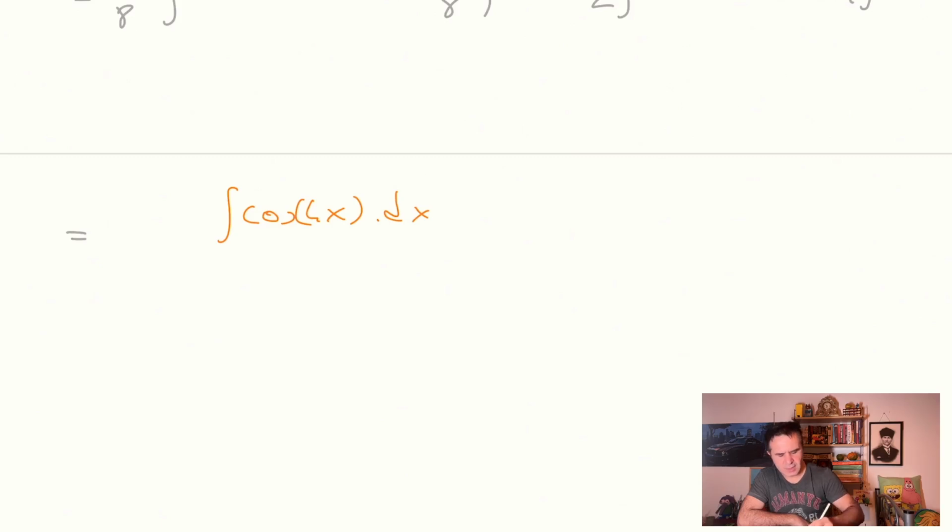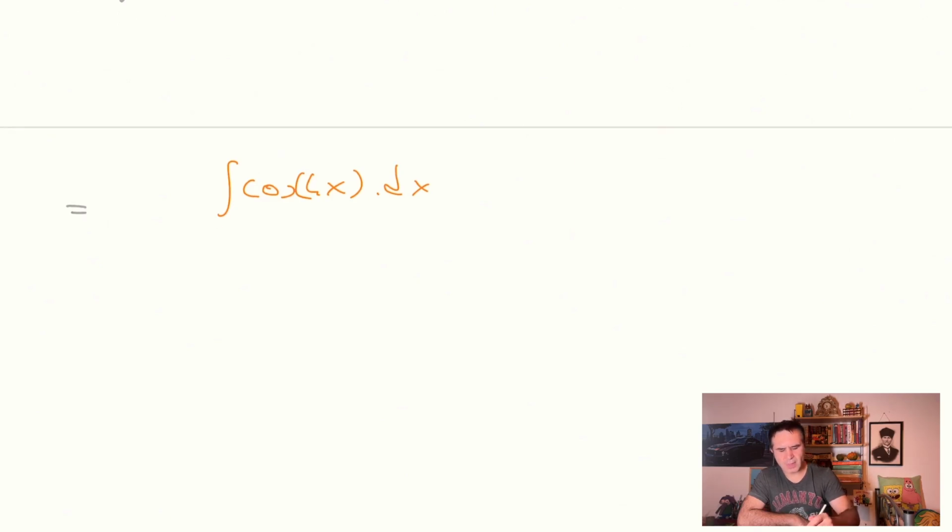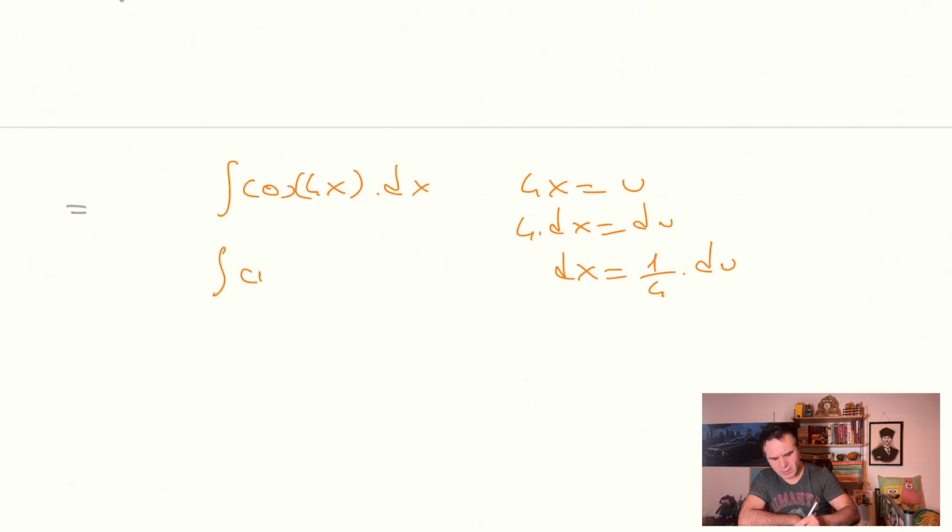You can say this is 1 over 4 sine 4x, but I will show you the substitution method. 4x is equal to u, then 4 dx will be du, which means dx is equal to 1 over 4 du. Then for this integral, I will say cosine u times 1 over 4 du instead of dx.